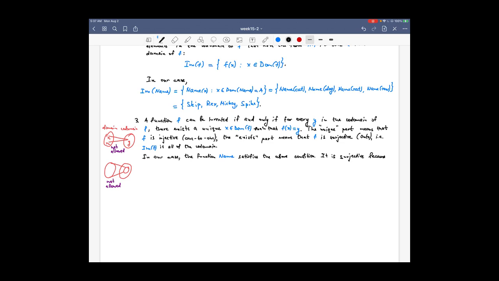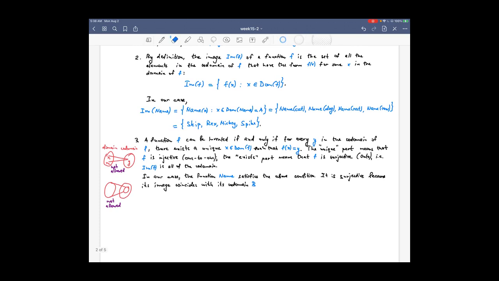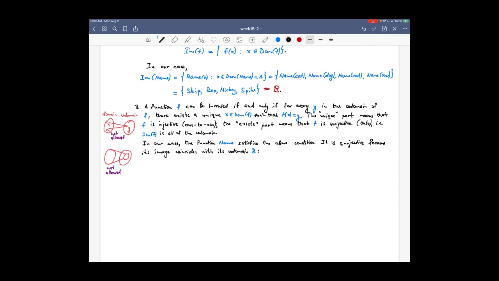because its image coincides with its codomain. We found the image in the previous part, and we realized the image is the entire set B. And we can write it again here.